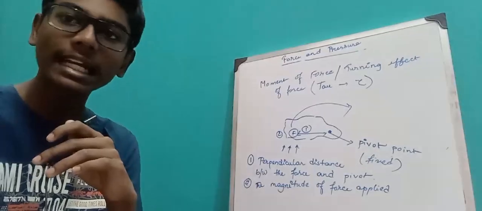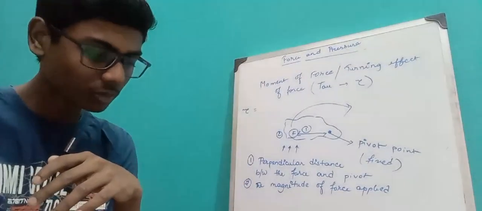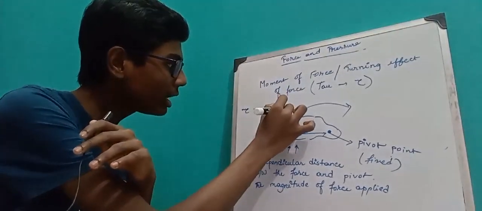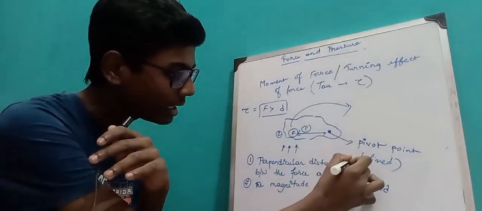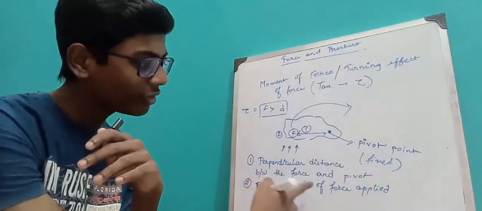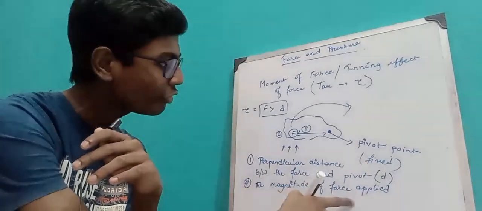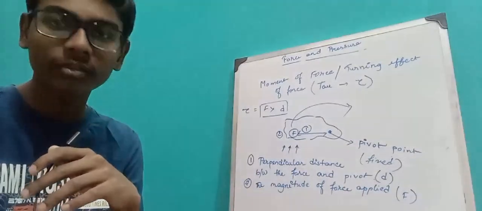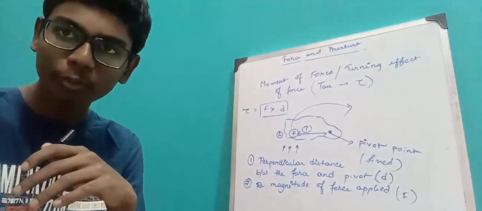From here we can conclude one thing: tau equals force into perpendicular distance, or D. If the perpendicular distance between the force applied and the pivot is D, and the amount of force applied is F, then tau equals F into D. We can say that the more the force, the more the moment.